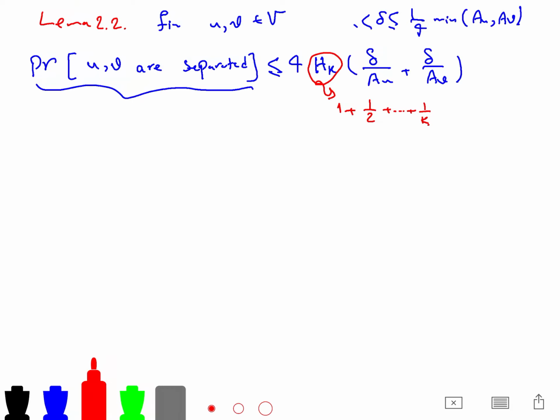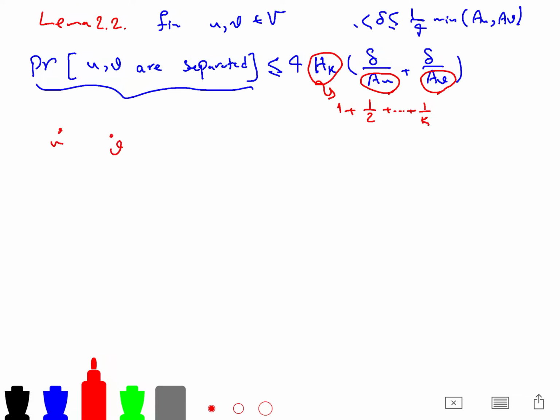So you see, this probability that U and V are separated has an inverse relationship to the distance between U and the closest terminal. Also, it is inversely related to the distance between V and its terminal.